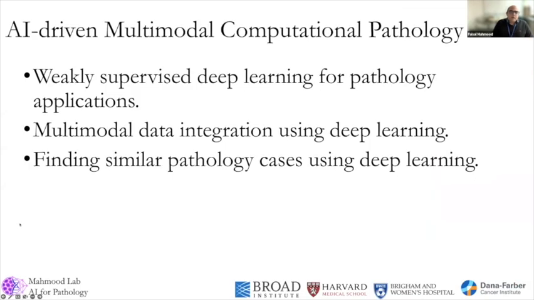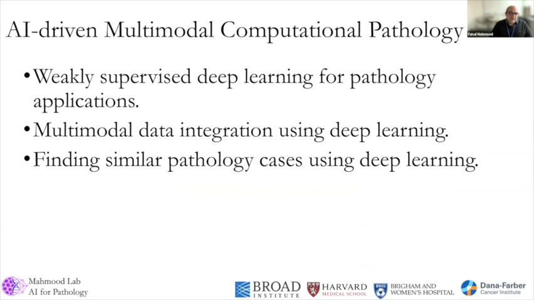So for today's talk, because a lot of our work is focused on cancer, I'll talk a little bit more about the methods, and some takeaways from this talk would be how can you build weakly supervised deep learning methods for pathology applications. So using pathology images and making predictive determinations from pathology images in an easy and efficient way.